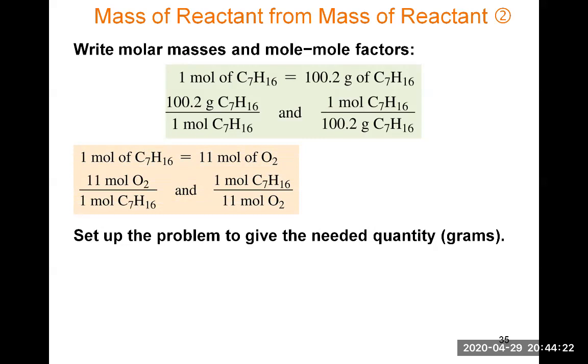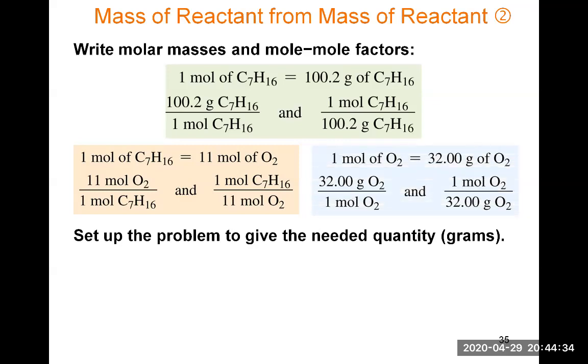Again, there are two conversion factors out of this equality. And the third conversion factor is the molar mass of oxygen. You take 2 times 16.00 grams for each oxygen atom. And so the molar mass of O2 is 32.00 grams of O2. Again, two conversion factors for this equality.